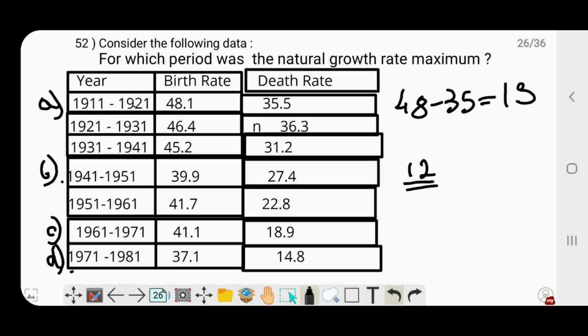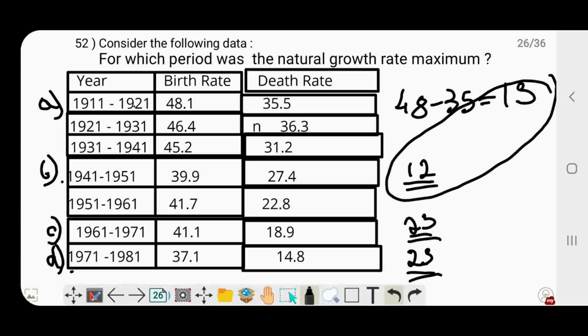Option C, we have 41 minus 18, which is 23. Option D is also 23. So we have two 23s which are far greater than 13 and 12. So option C or D should be the right answer. To compare between option C and D, now we will go to the precise calculation. 41.1 minus 18.9 would give us 22.2.